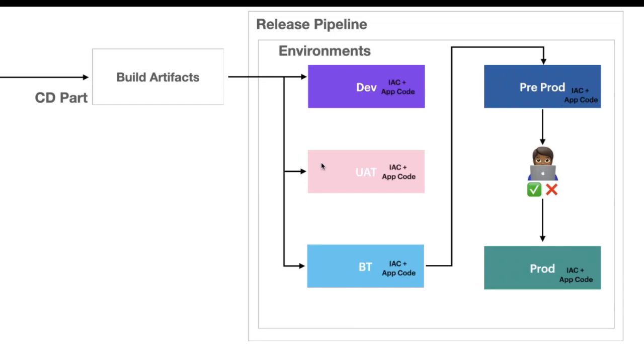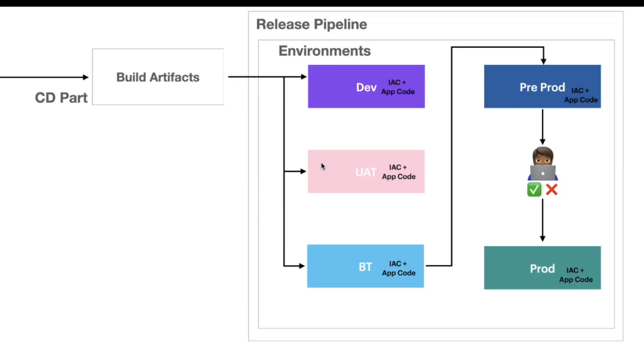And each stage will have the application code along with the infrastructure code. So here IAC means infrastructure as code. Nowadays we are building the infrastructure, which is responsible for the application, using infrastructure as code. It could be an ARM template, like Azure Resource Manager template, or Terraform. The most used tool is Terraform.